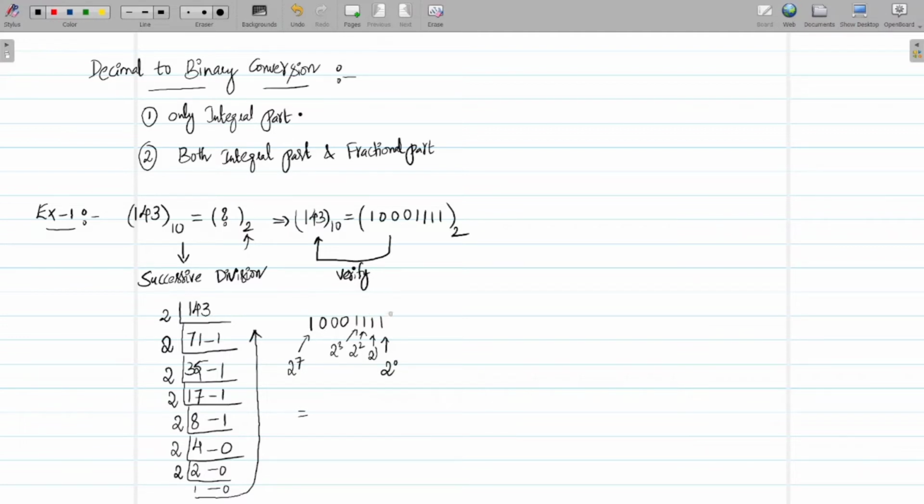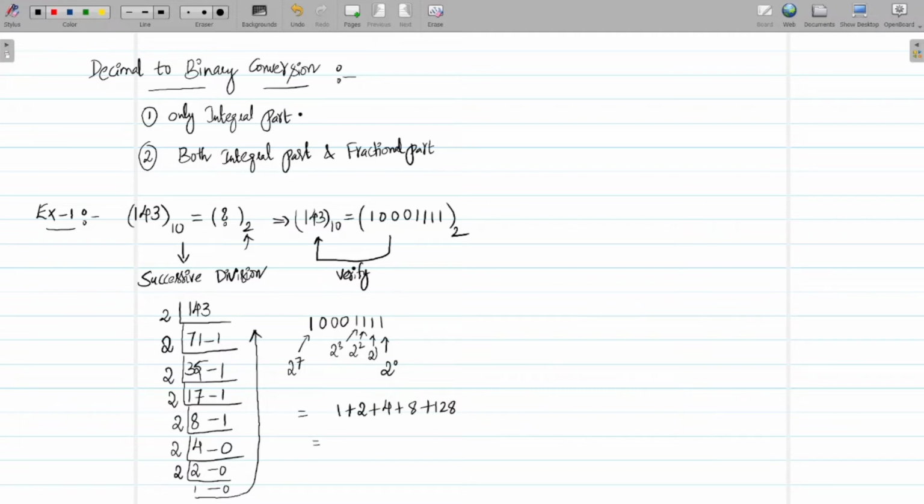So 2 power 0 into 1 is 1, plus 2 power 1 into 1 is 2, plus 2 square into 1 is 4, plus 2 cube into 1 is 8, plus 2 power 5 is 32, plus 2 power 7 is 128.